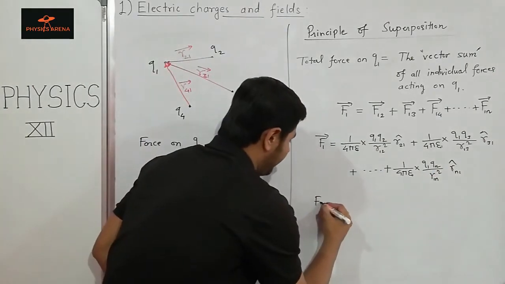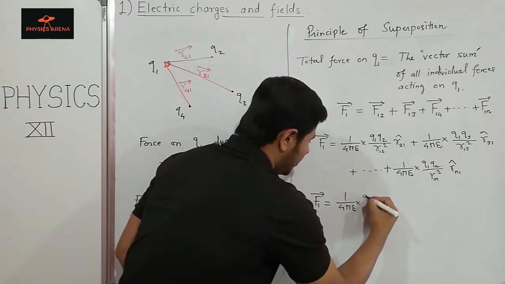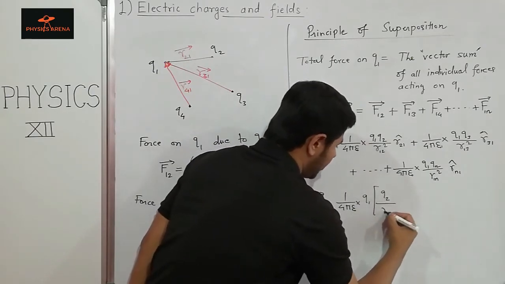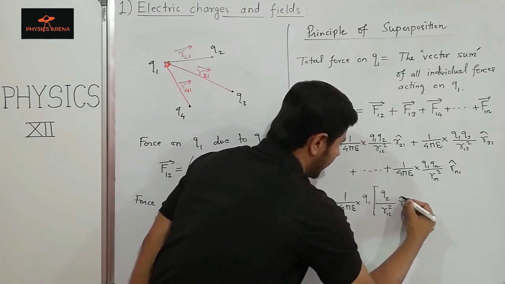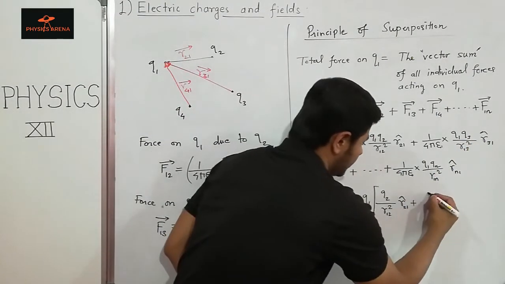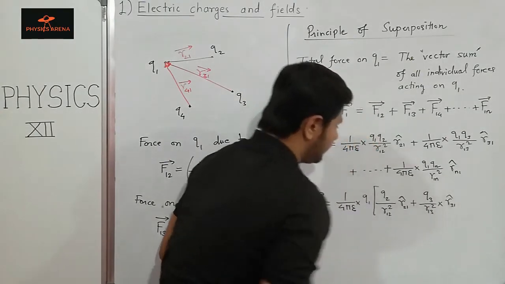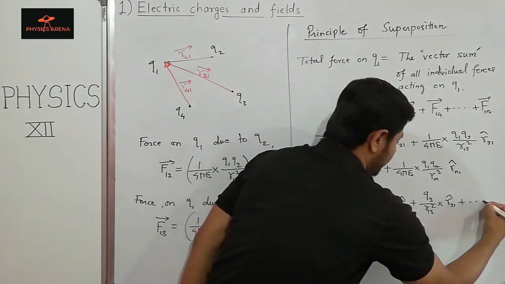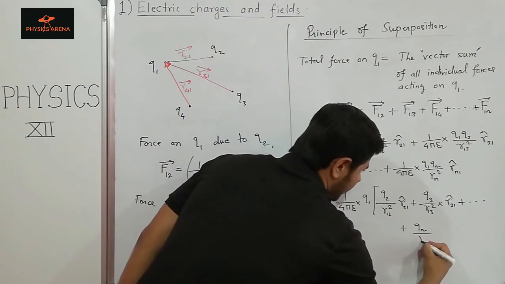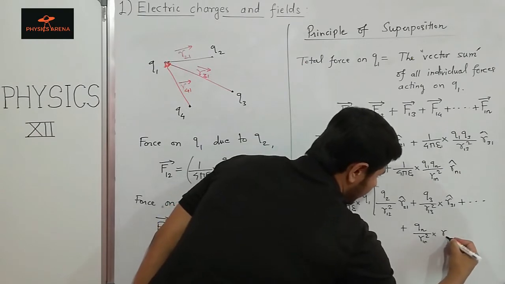So let me write F1 bar equals 1 over 4 pi epsilon naught into Q1 times Q2 upon R12 squared into R21 cap, plus from this term we have Q3 over R13 squared multiplied by R31 cap, plus so on up to plus Qn upon R1n squared into Rn1 cap.